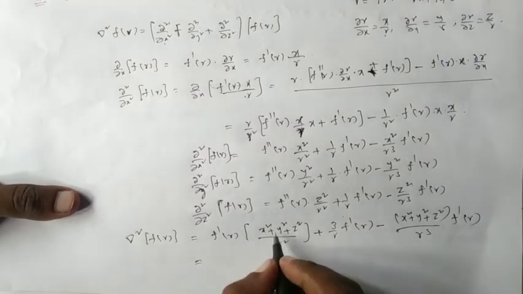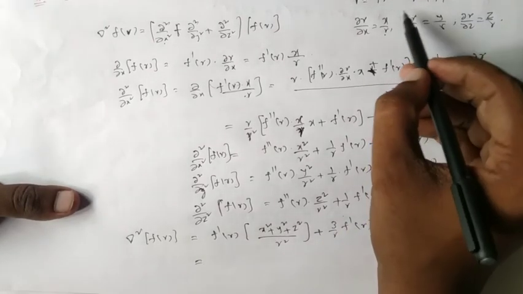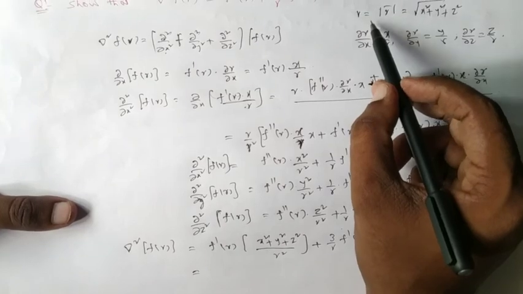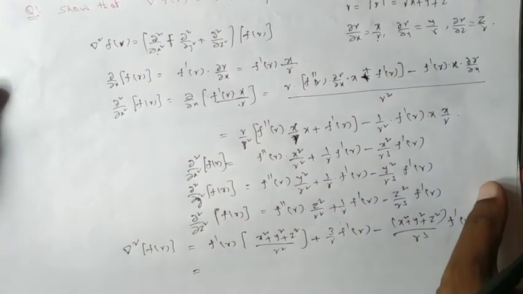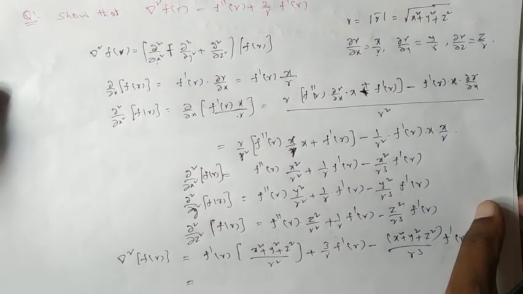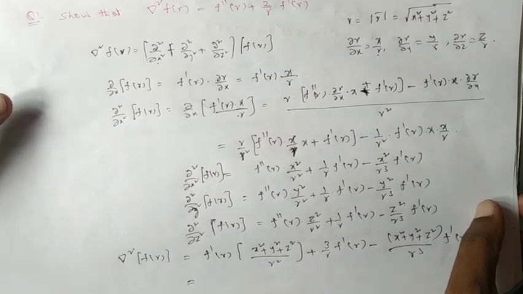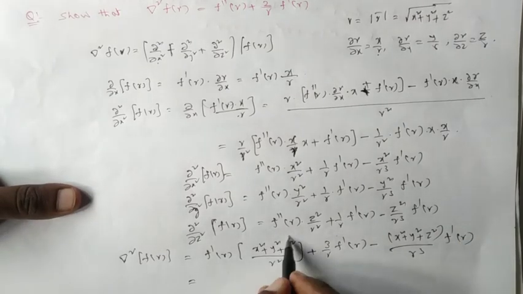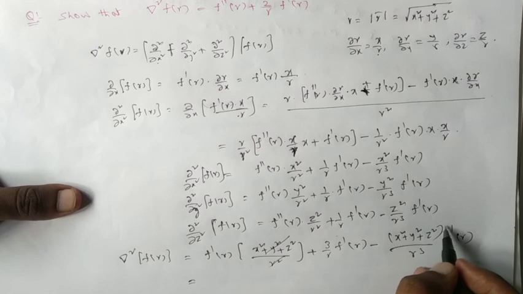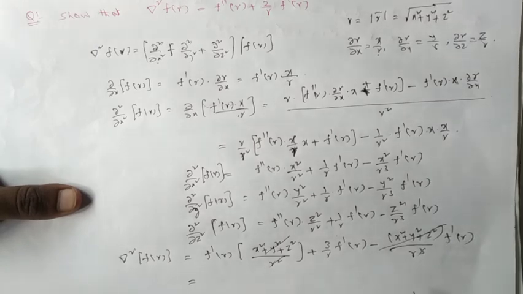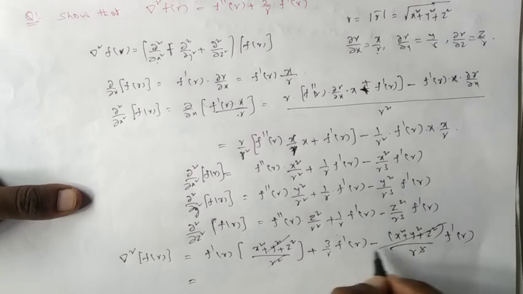I think you know what x square plus y square plus z square is. Once you observe that r is the square root of x square plus y square plus z square, r square will be x square plus y square plus z square. So I can cancel these two, and I can cancel this one, r cube with r square. So it is 1 by r, and it is 3 by r; 3 by r minus 1 by r is 2 by r.